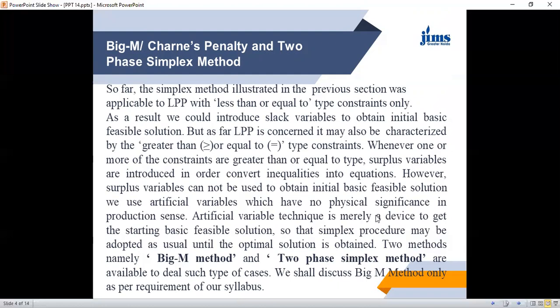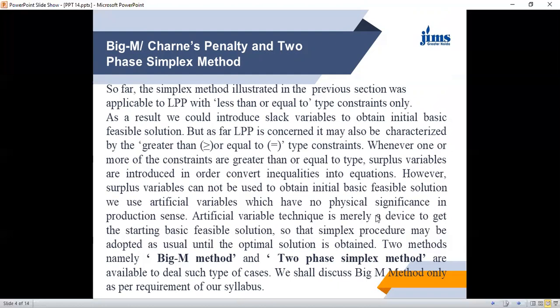For example, if x1 plus x2 is greater than or equal to any number, say 10, then we convert the inequality sign as x1 plus x2 minus s1 equal to 10. Why?